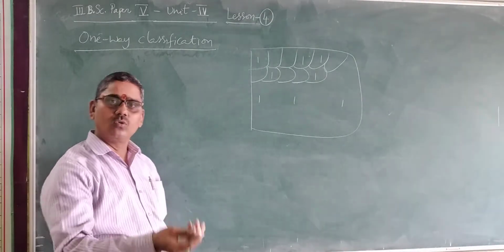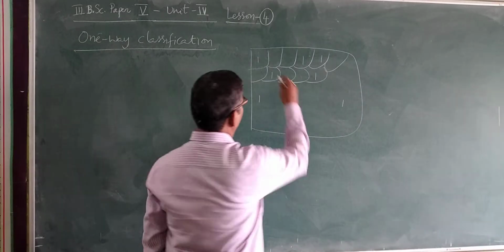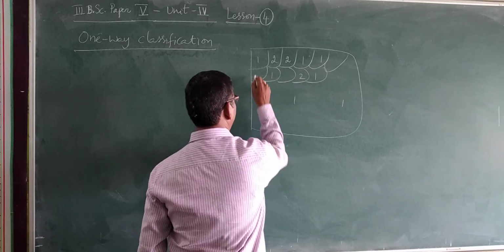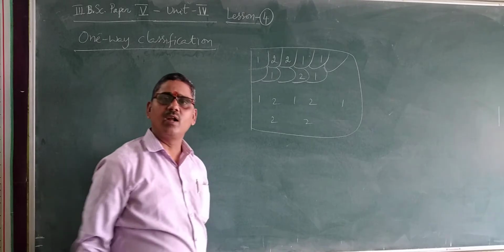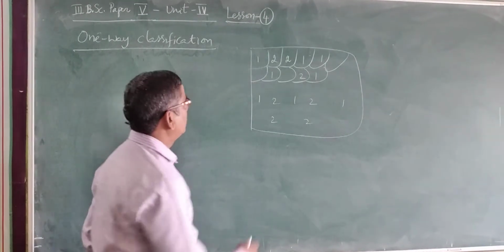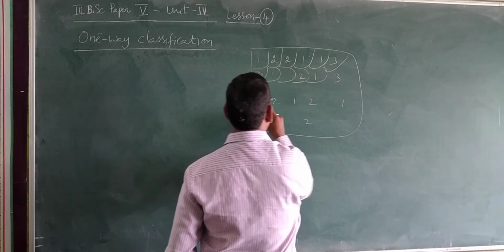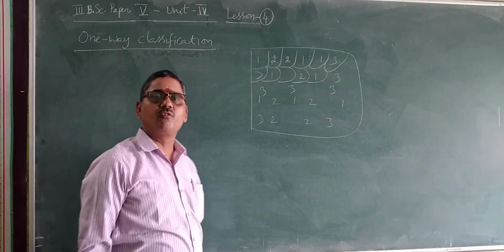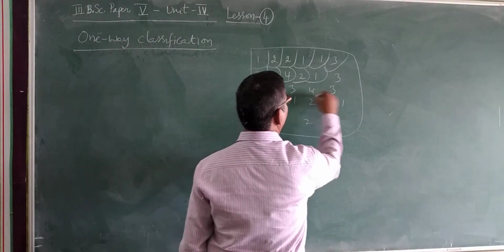And treatment number 2, that is fertilizer 2, is applied on some more plots. Treatment number 3 is applied on another 8 to 10 plots. And treatment number 4 is also applied on various plots here, like this.